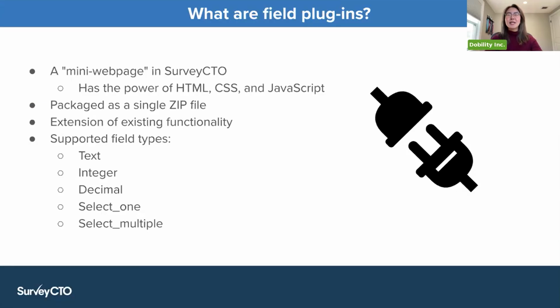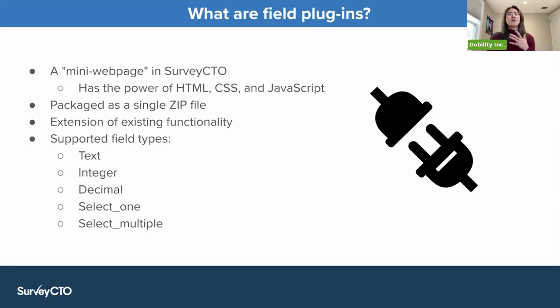Well, because inside a plugin, you'll find standard web files, for example, HTML for the structure, CSS for how it looks, JavaScript to make it interactive. There's also a small JSON file, a manifest file that tells SurveyCTO what kind of plugin this is. And plugins are also packaged as a single zip file.